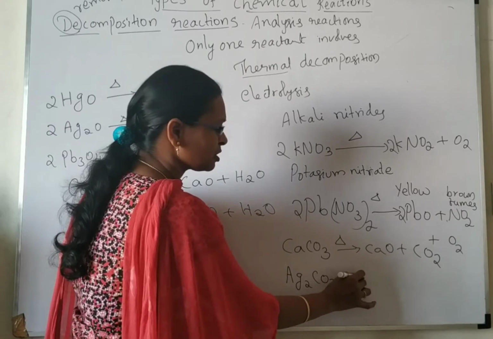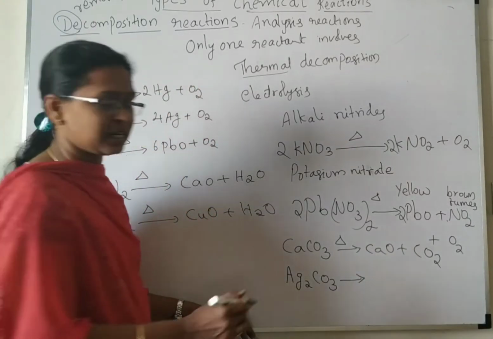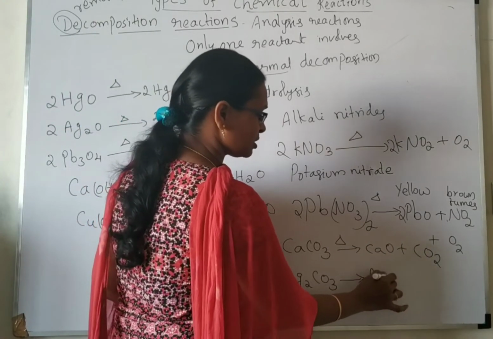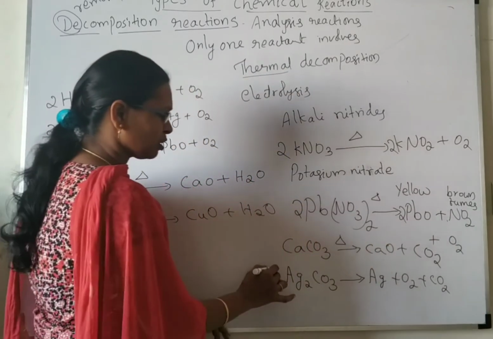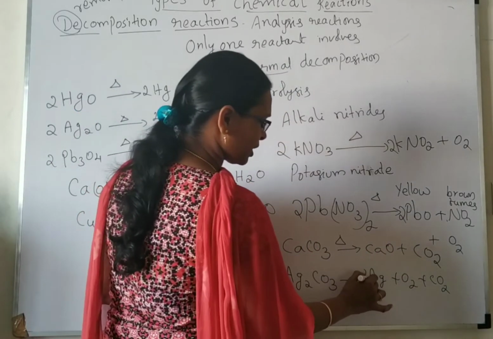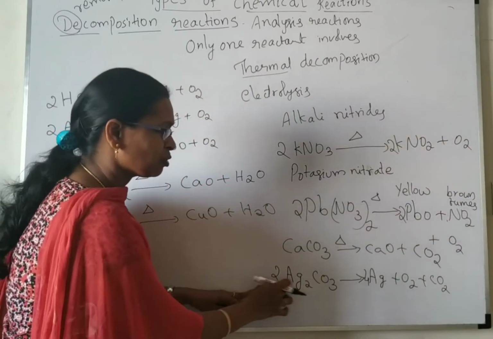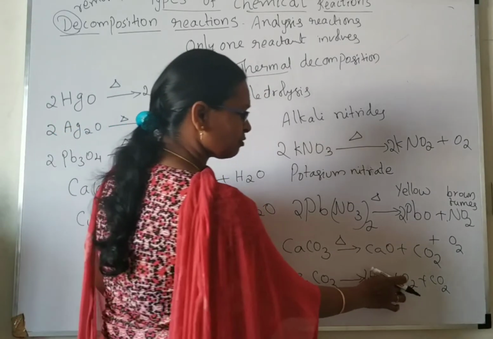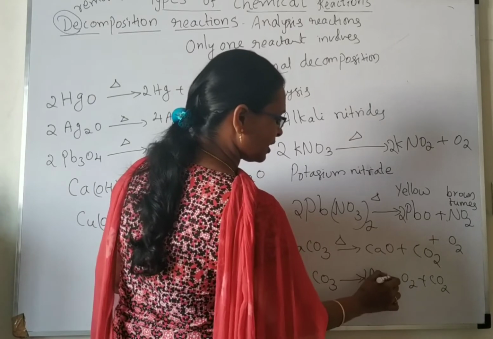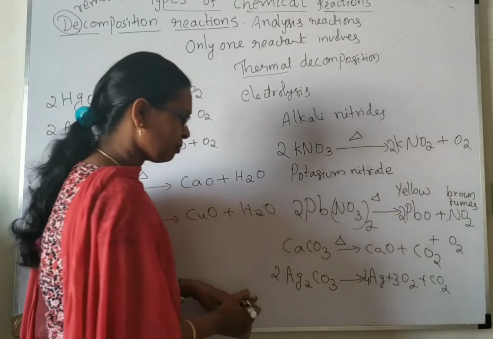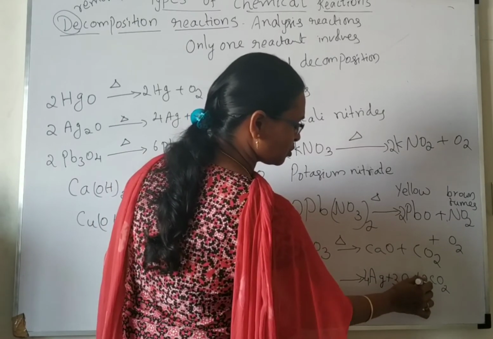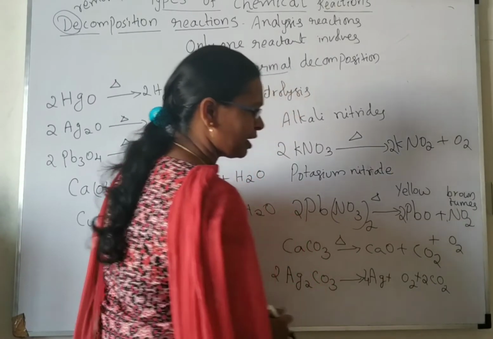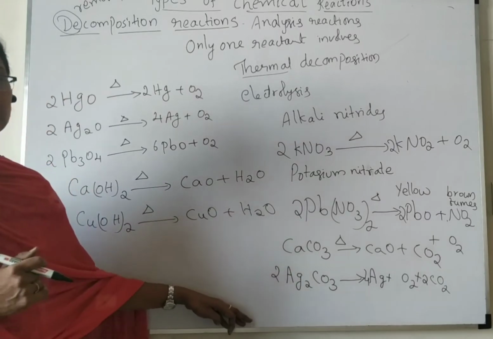Silver carbonate releases Ag plus oxygen plus carbon dioxide. Balancing this, 2 Ag2CO3 gives 4 Ag. Here 2 threes are 6 oxygen atoms, but here only 4 are there, so we write 3. And carbon, only 2 carbons are there, so we write 2 carbon dioxide. Now this is balanced.